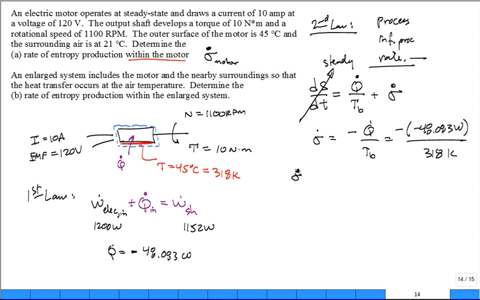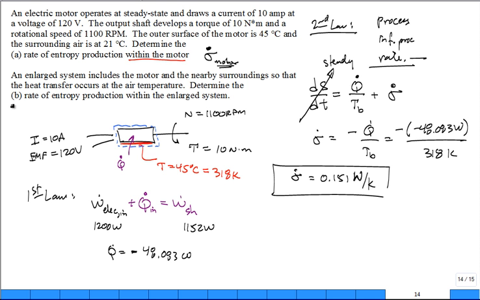So sigma dot, the motor, I left off that motor subscript, but that's what our system is, it's of the motor, is 0.151 watts per Kelvin. Those units look good, watts per Kelvin? Sure, they look okay, right? Because it's sigma dot, not sigma. It would be kilojoules or joules per Kelvin. Here it's watts or kilowatts per Kelvin.